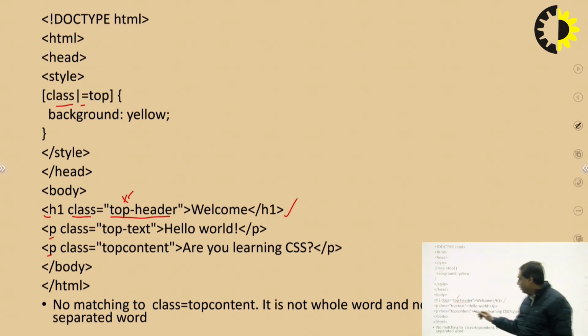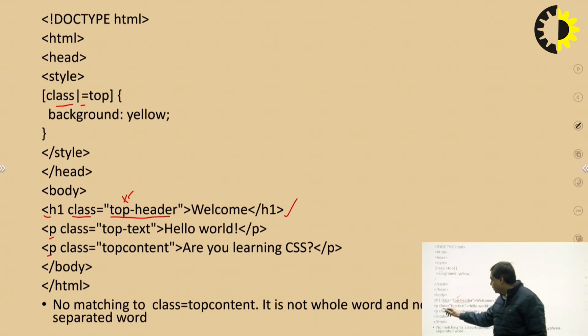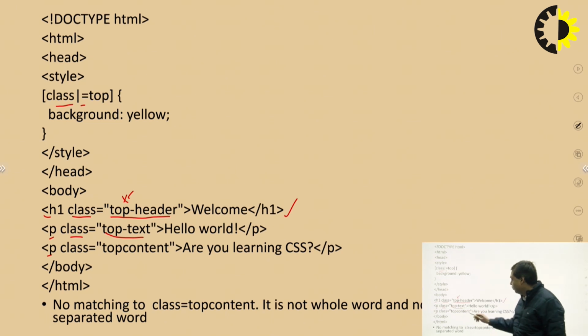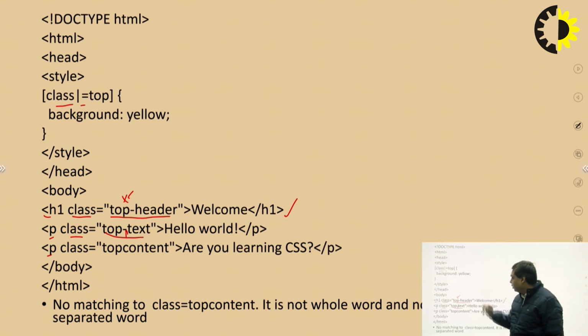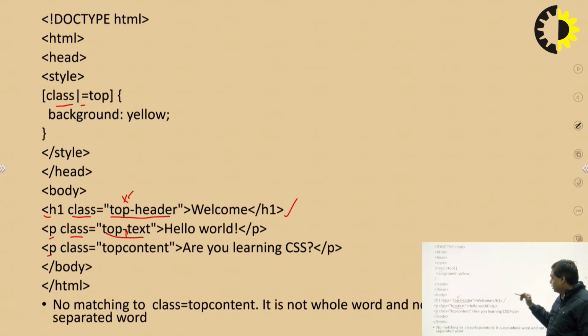Now second is the p HTML tag, the name of the attribute is class and the word is top-text. So we are putting the hyphen here. So this top-text is applicable. We have mentioned only top, but text is attached to the top word with the help of a hyphen. So this CSS background yellow is applicable in the second tag also.